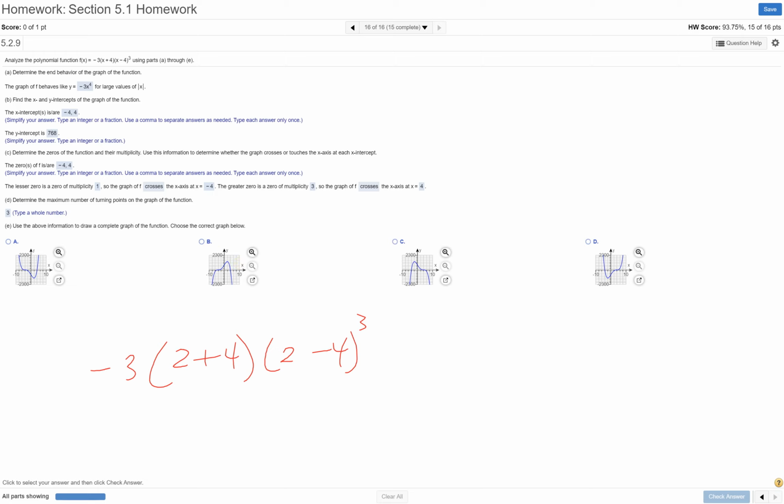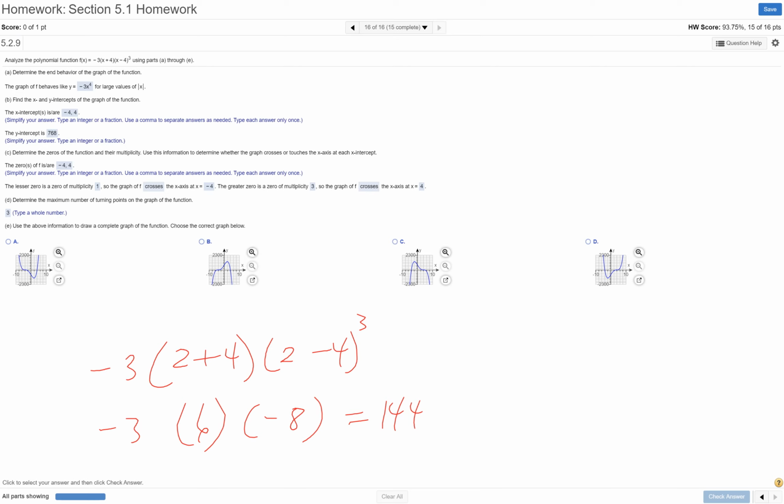I suspect it's going to be a pretty big number. 2 plus 4 is 6, obviously. And 2 minus 4 is negative 2, raised to the 3rd power is negative 8. So it's going to be negative 3 times 6 times negative 8. That gives me 144. So let's find out which one says 144.